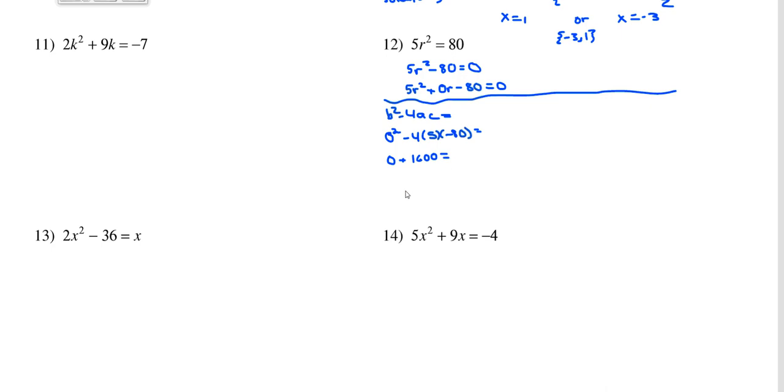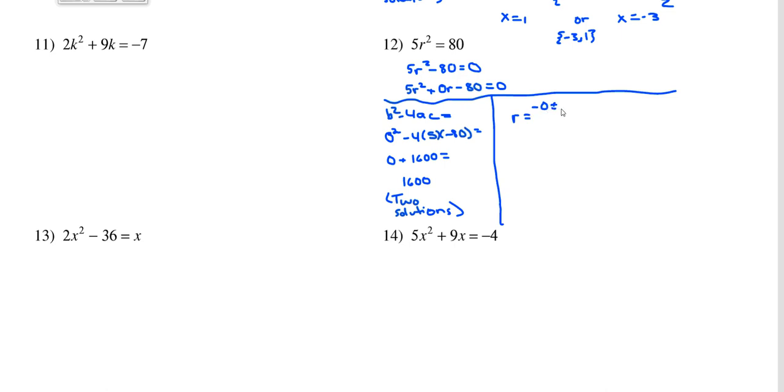Using the quadratic formula to find those two solutions, we have x equals, or r equals in this one, because it's an r, equals negative b, negative 0, plus or minus the square root of b squared minus 4ac, the square root of 1600, all over 2 times a. 2 times a is 10.